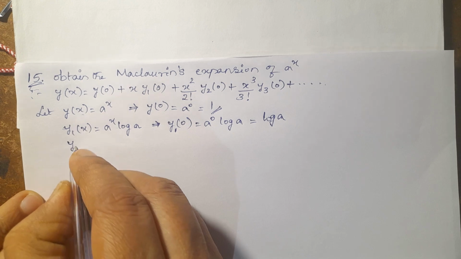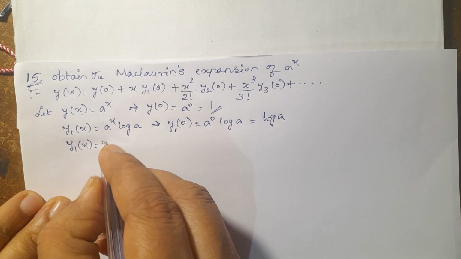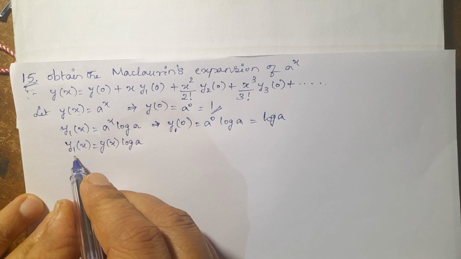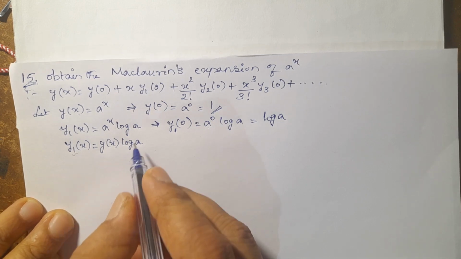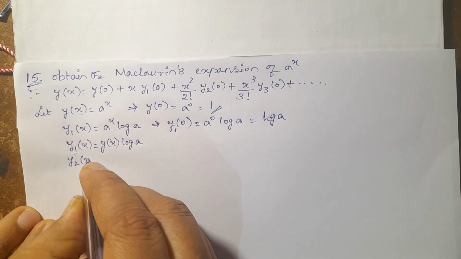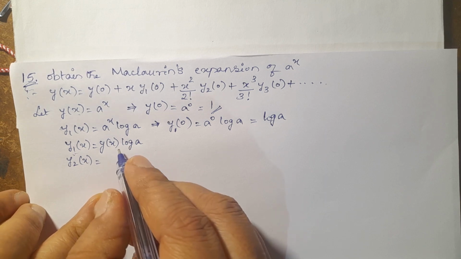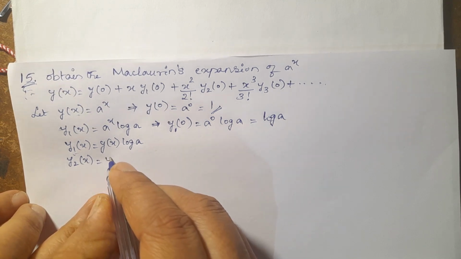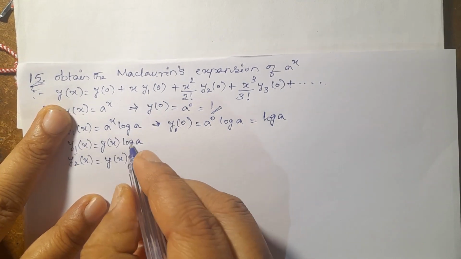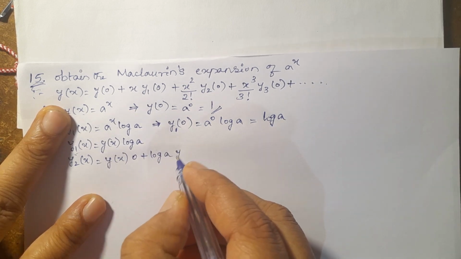Next, y1 of x equal to a power of x, which is y of x, into log a. So take the differentiation of this with respect to x. So differentiation of y1 of x is y2 of x equal to log a, and we apply the product rule here. First function as it is, differentiation of log a is 0, plus second function as it is, differentiation of y of x is y1 of x.